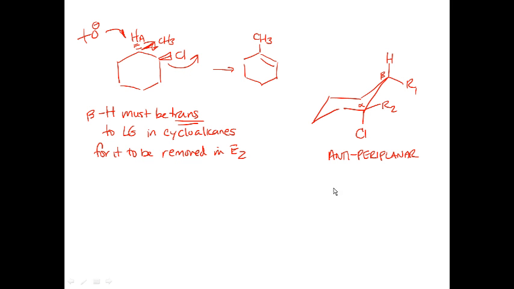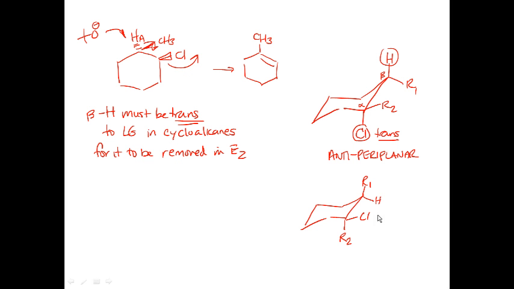And you might say, well, okay, so that means that the hydrogen and the chlorine are trans to each other. And that's exactly what I've said over here. Now you might say, but what happens if the hydrogen and the chlorine are, let's say, in this conformation? Can they undergo E2 elimination in this case?